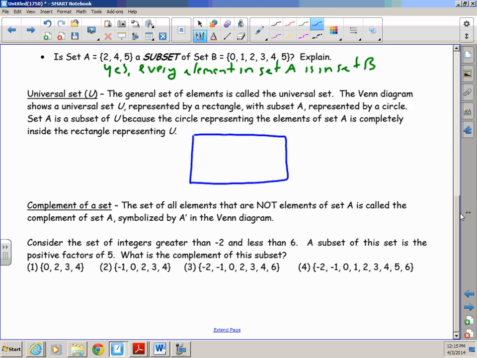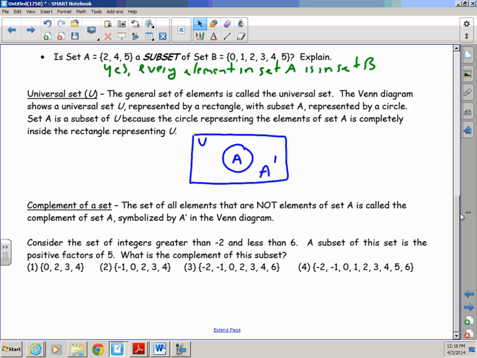All right, this is the universal set. A is a subset. Anything not in A is what's called the complement, or A prime. And the complement of a set is a set of all elements that are not in a particular set. All right?